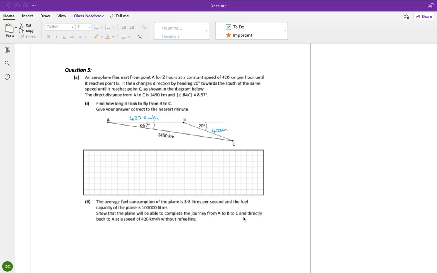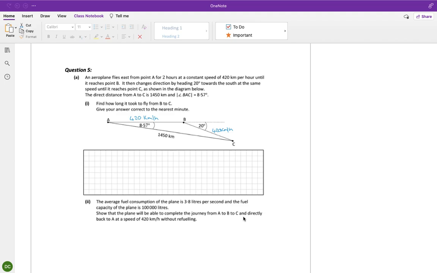The direct distance from A to C is 1450, which is in the picture, and the angle is 8.57. Find how long it took to fly from B to C.